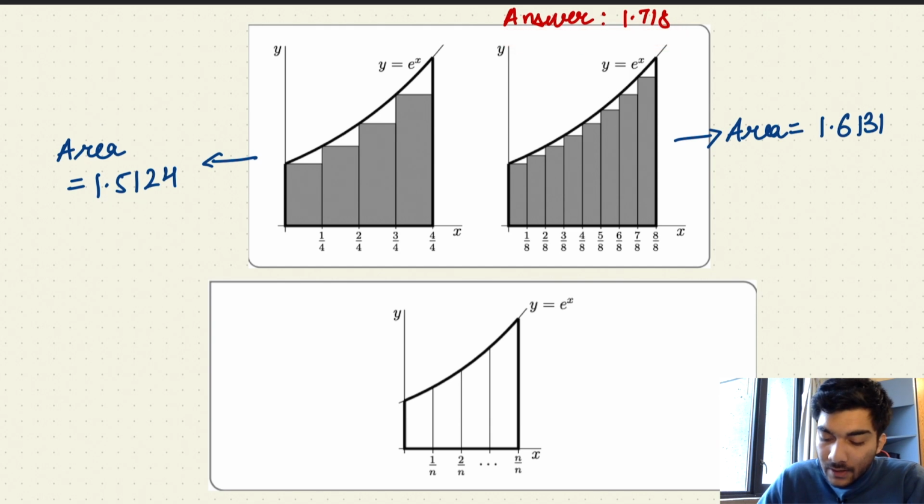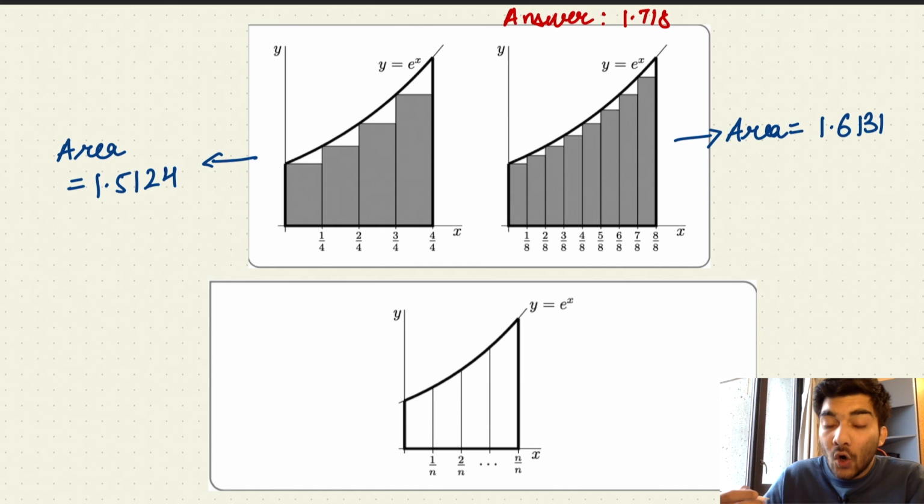The answer that we want is 1.718, and we used two different approaches again. Rectangles of width 1/4 gave us an approximation of 1.512. But with rectangles of width 1/8, my area approximation came out to be 1.6131, which is an improvement on the previous answer and also closely relates to the actual answer that I need.